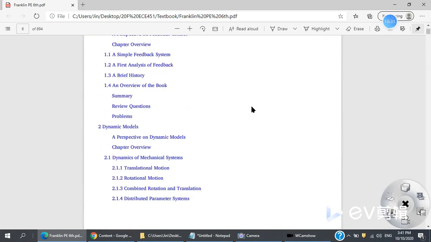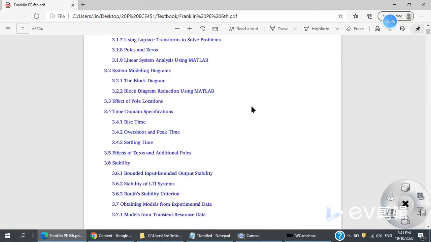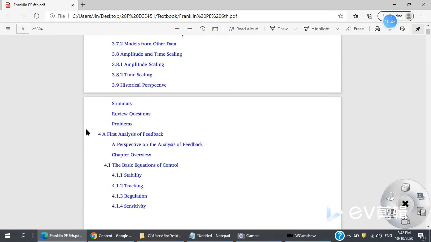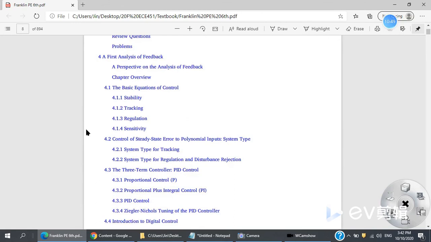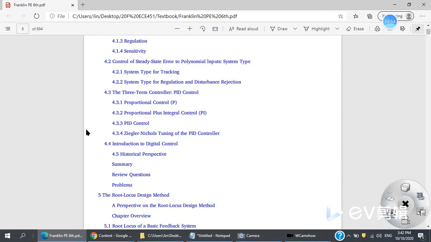Okay, so in chapter 3 we have section 3.6, which is about stability. So this is one topic. And chapter 4 we have 1, 2, 3. The 4th section is digital control. We will discuss that later. We have a whole chapter for digital control.